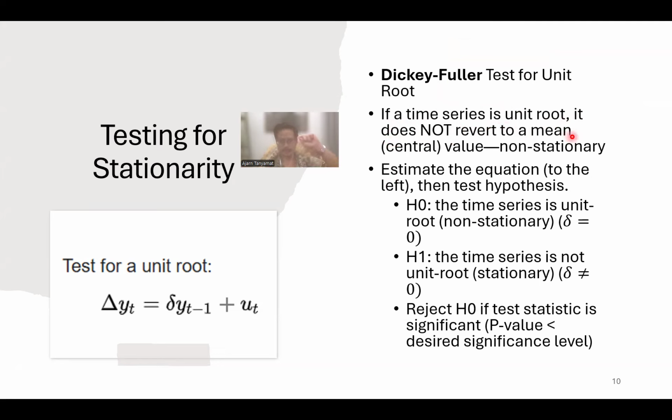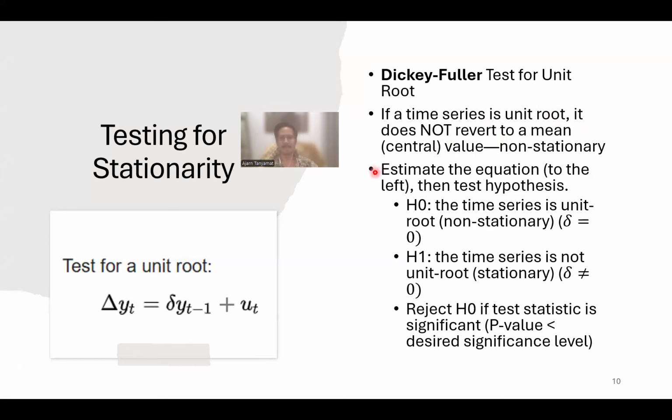Unit root means it's going to keep going up if it was going up before, and so on. It keeps adding to the old value. It doesn't go back. That means it's non-stationary. So the unit root is the most common, typical way that a time series is non-stationary, especially for economics data.